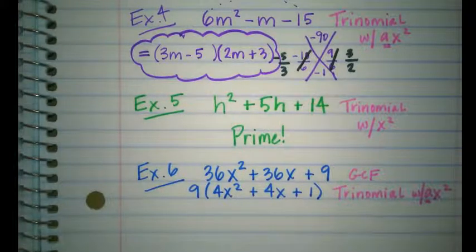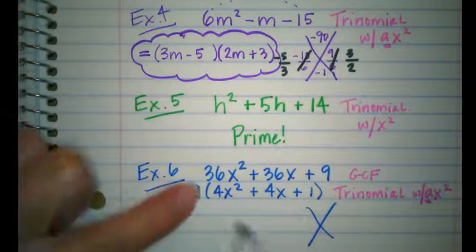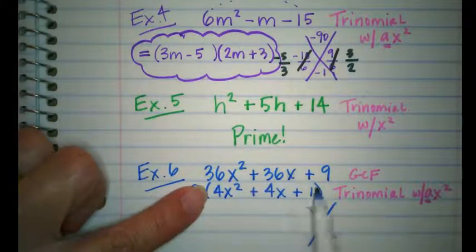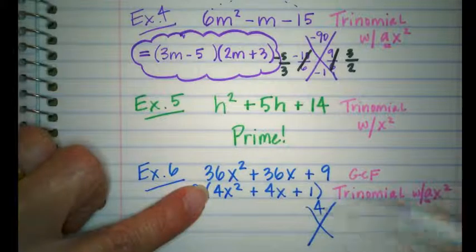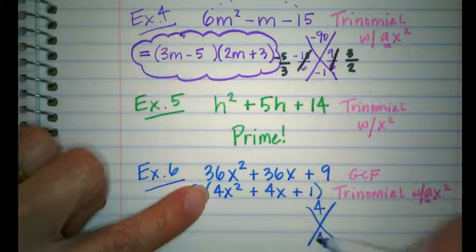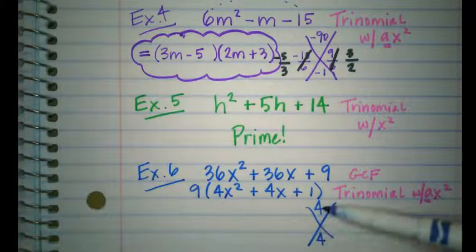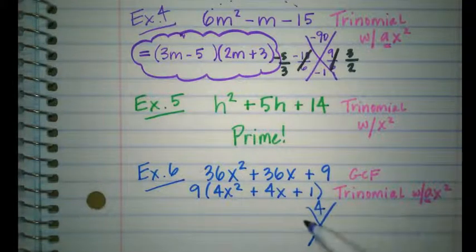So there is a leading coefficient. So the way we do that is with the x. All right, so we're not using 9. That one's been taken out. So we need to multiply to get 4, but add up to 4. So what numbers will multiply to be 4 and add up to be 4? That would be 2 and 2.